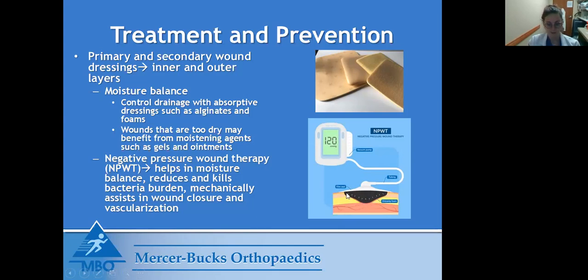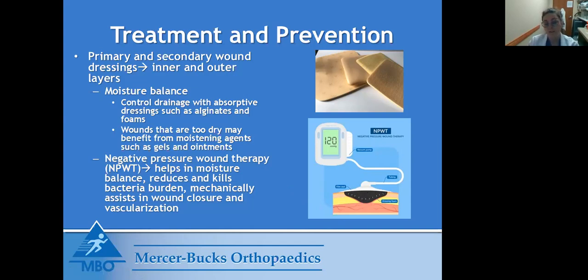It fits into the crater, the wound that is there, and there's a device with tubing that connects to a machine that creates a constant pressure. Okay, it pulls ultimately or sucks off of the wound. And that creates a constant negative pressure on the wound. And that's very therapeutic because, one, it helps with that moisture balance that I mentioned.